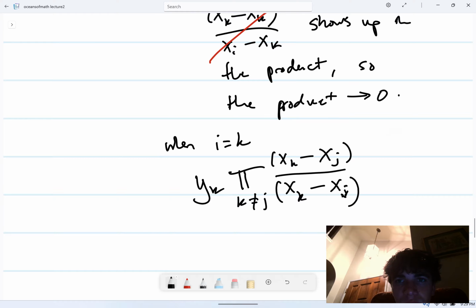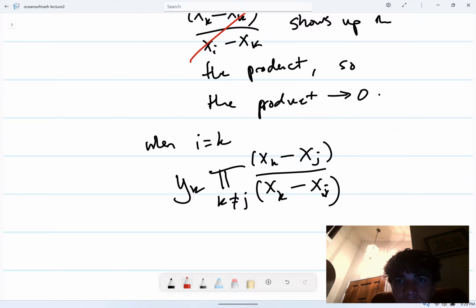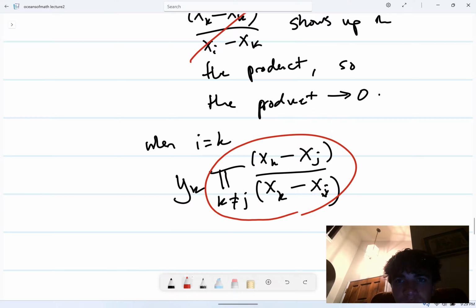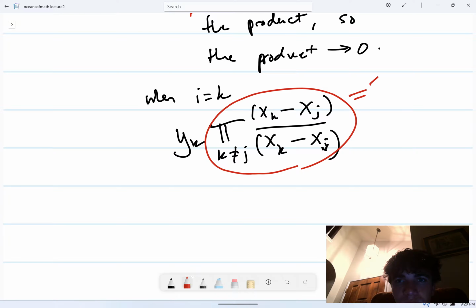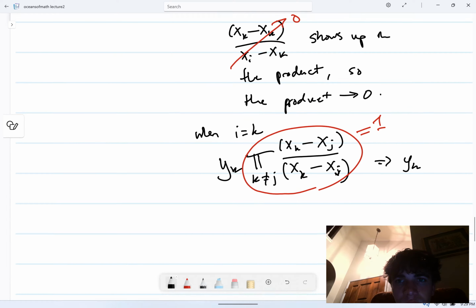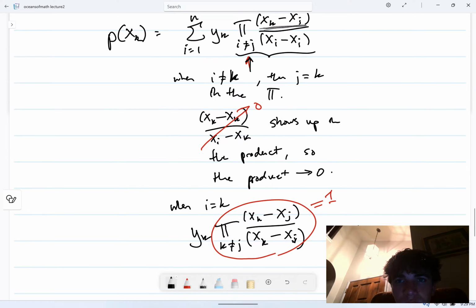And so we see now that this product we have is identically 1. We're just multiplying 1 together n minus 1 times. So this is equal to 1, and so we're left with y sub k.